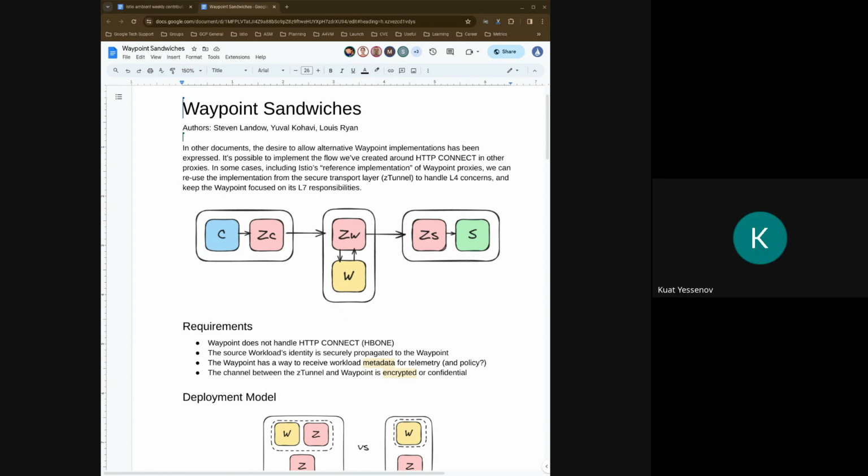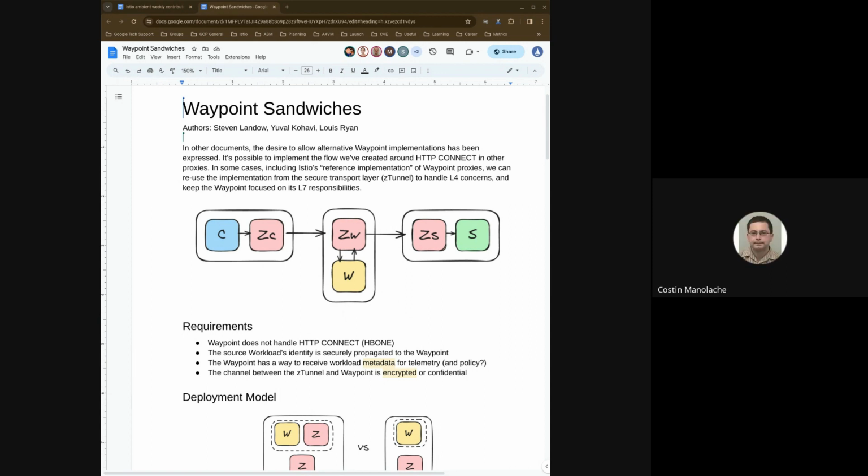So how does Waypoint get server metadata? For outbound telemetry, not inbound telemetry. Well, Waypoint doesn't. It has to report telemetry about C and S, right? So I know how it gets C, but how does it get S?